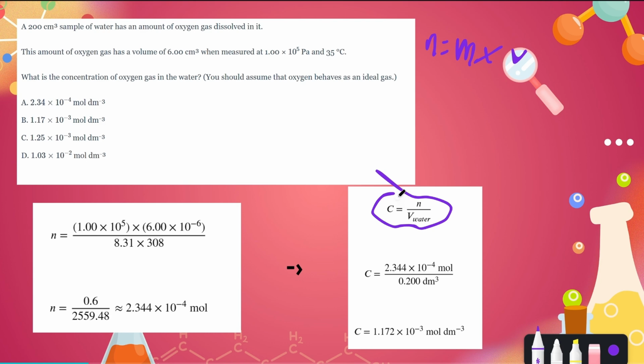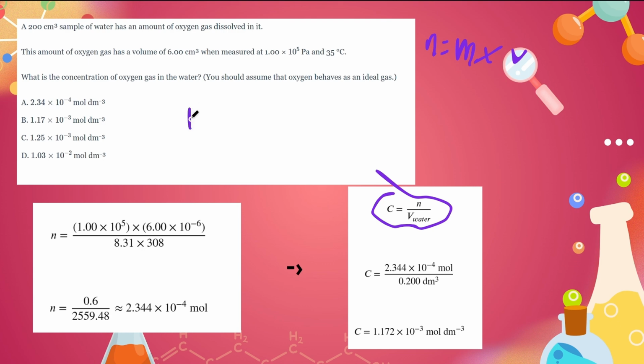But you can see here to find the concentration, we need to find the mole and the volume. We already had the volume, but we don't have the mole. So here it is, this is the amount of oxygen.